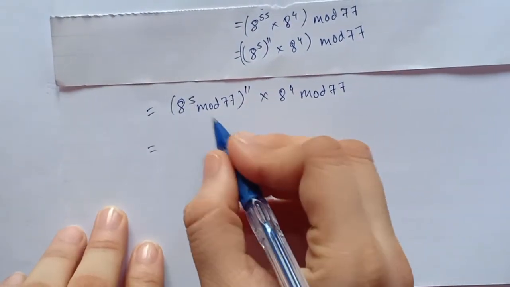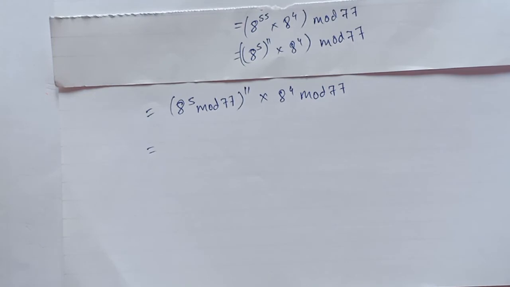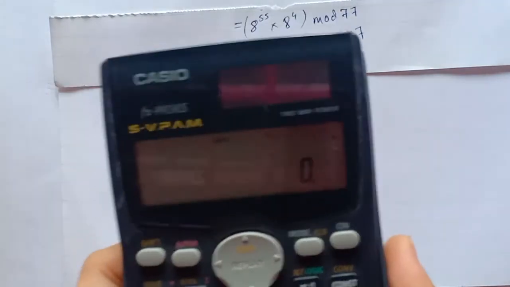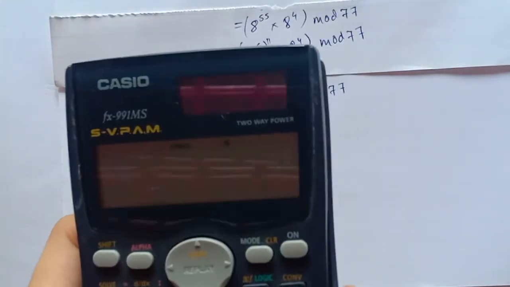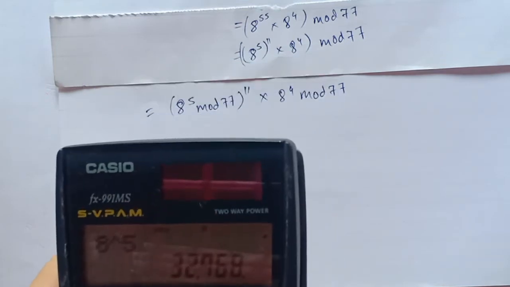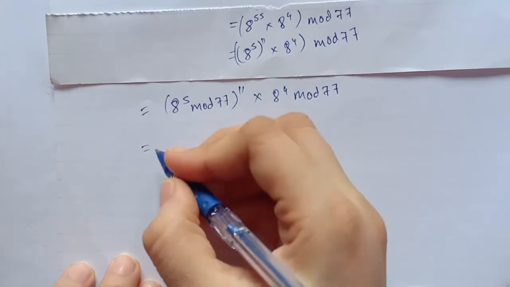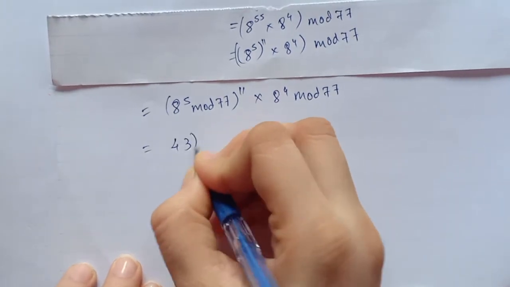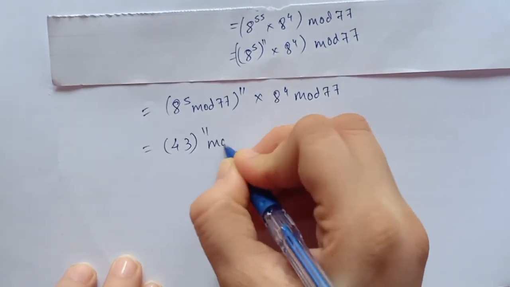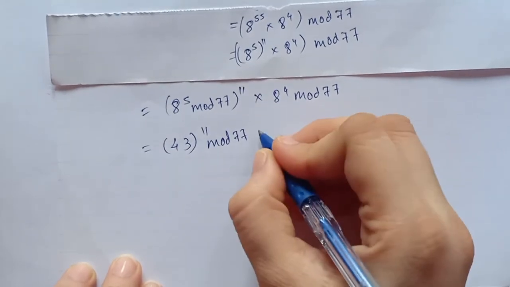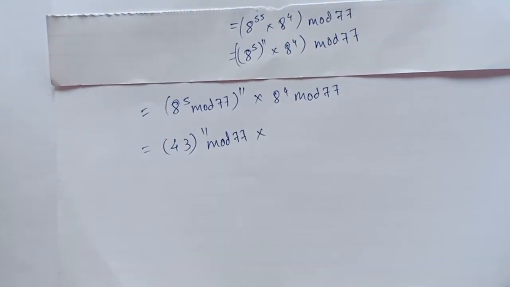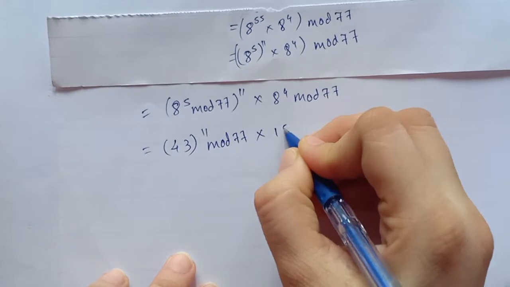So the answer to 8 raised to 5 mod 77, we will use the calculator. 8 raised to 5 is 32768. So the answer to this we get 43 raised to 11 mod 77 into 15.